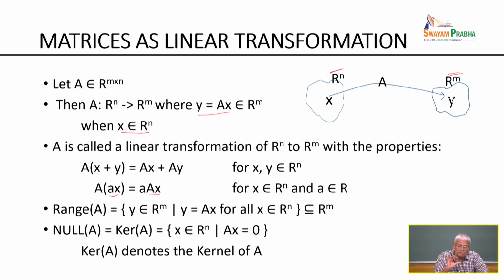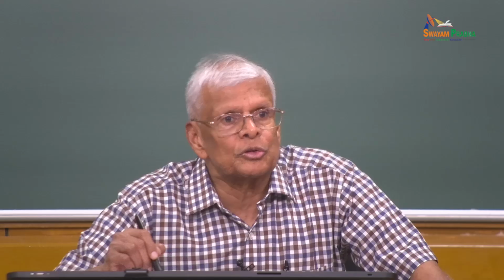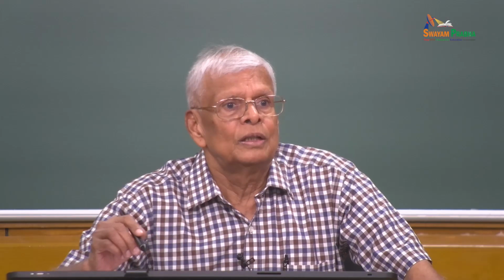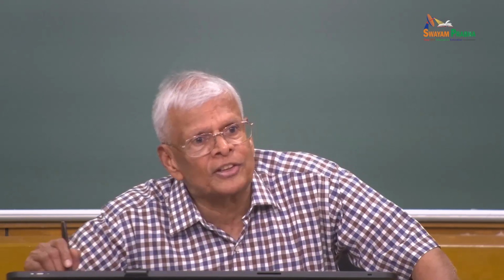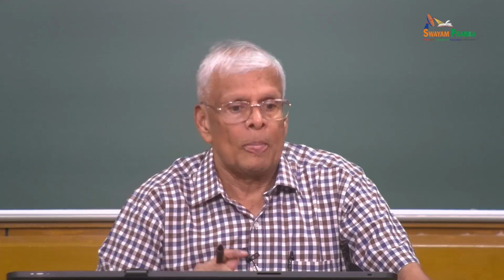Now there are two important concepts. One is called the range, another is the null set of A. What is called the range of A? Please understand, A takes the vectors from x to y. So if I pick a particular x, I get a particular y. If I change the x, I get another y. So if I change x over all of Rn, I'm going to get a collection of vectors in Rm.